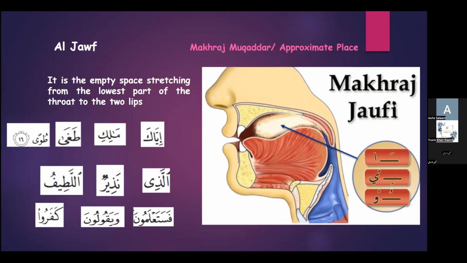So what do we need to do now? Students do remember the heavy letters, but they forget that they need to apply this heaviness all the way through. Like if it's a stretched heavy letter because of the mad letter coming after it, especially in case of alif, they need to make it long.